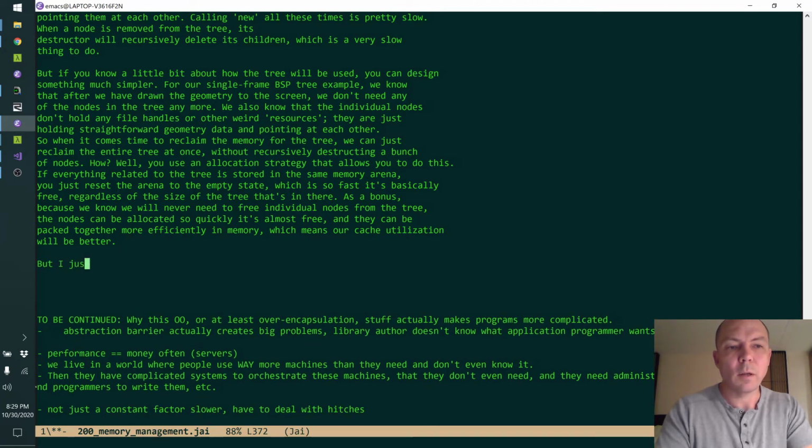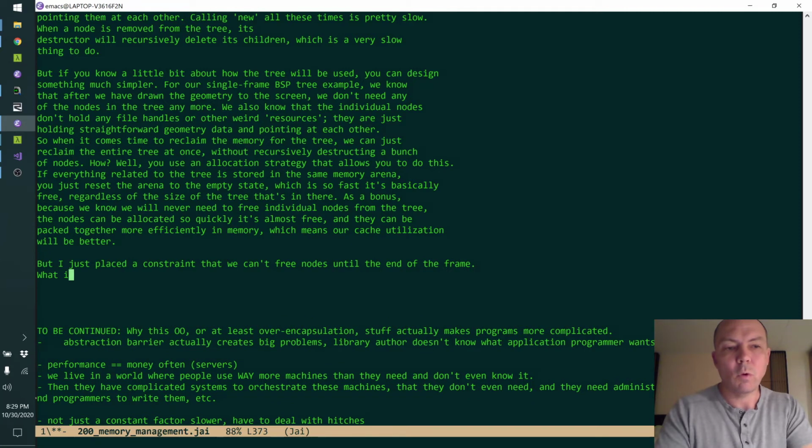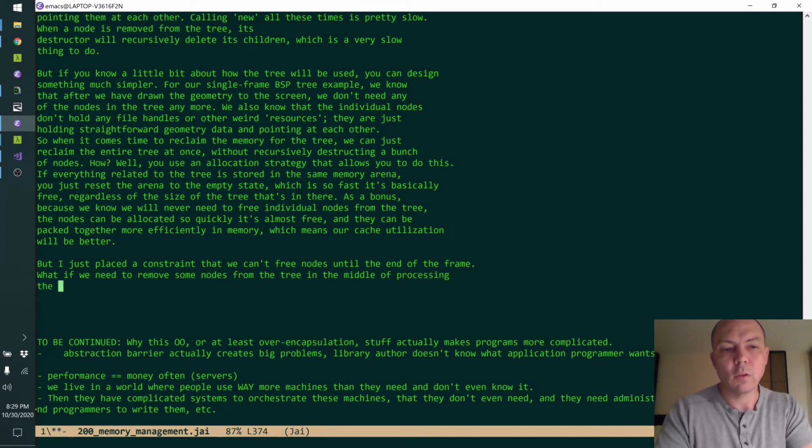Okay, but I just placed a constraint that we can't free nodes until the end of the frame. What if we need to remove a node from the tree in the middle? Some nodes, let's just say some, processing the geometry. It's no big deal. We don't bother to deallocate them in any way.